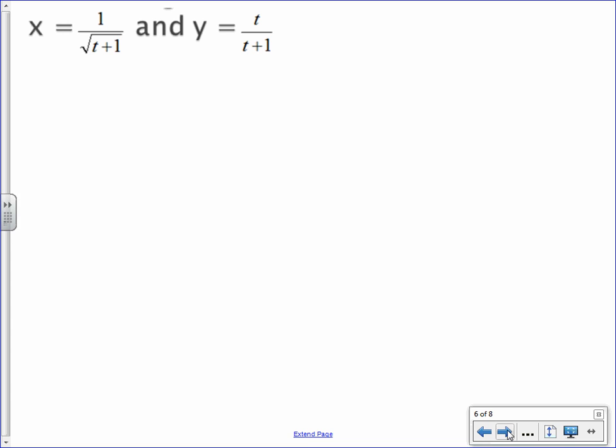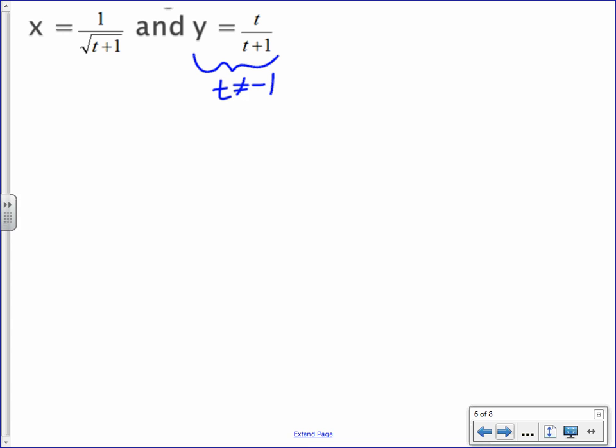First of all, let's talk about the domain. Let's talk about the domain of y first. Are there any t values that are not okay? T cannot be -1. Now let's look at x.